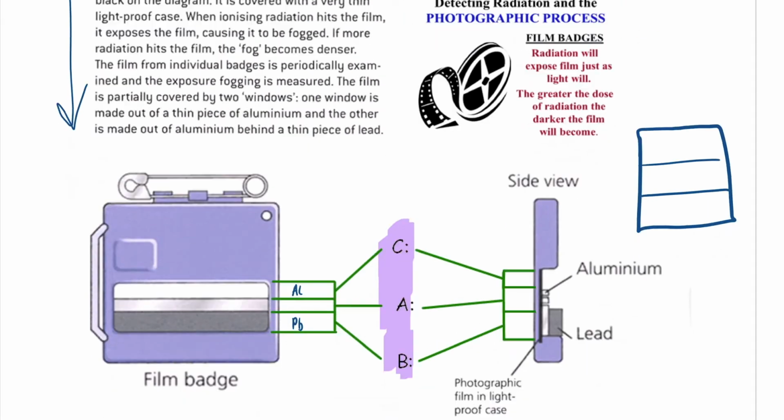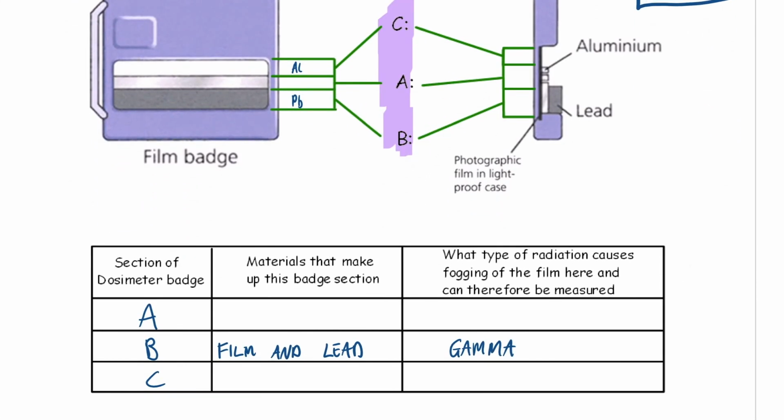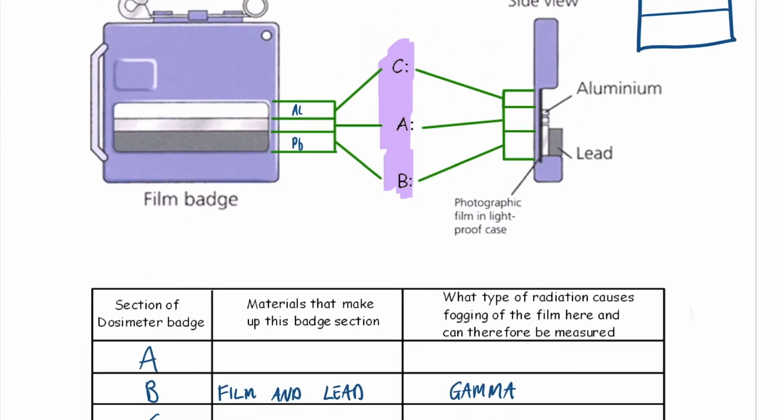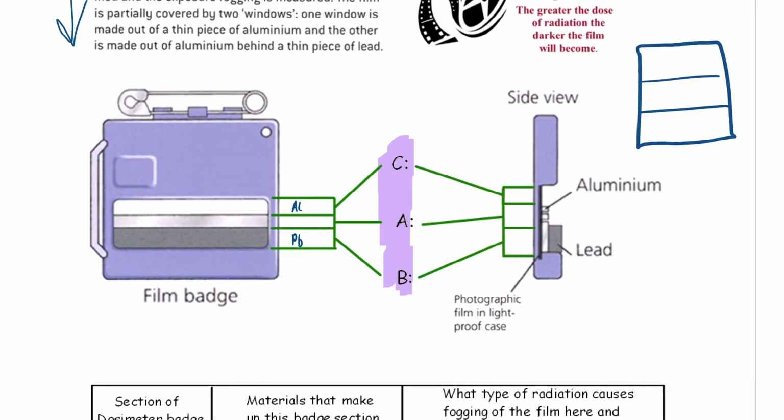Before we consider that further, let's just make sure we understand what radiation can get through to A, what can get through to B, and what can get through to C. If we take A here, there's nothing in front of the film.